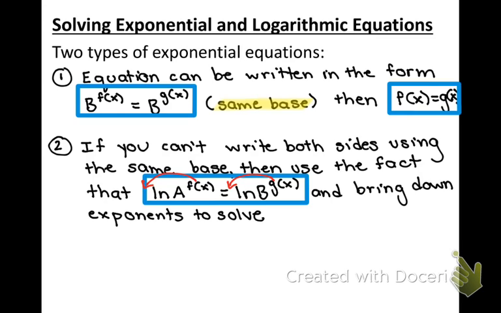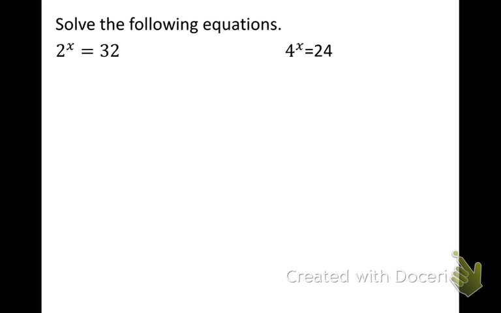So as we go through our examples now, we're looking to see which version we have. Our first example is 2 to the x equals 32. Here's my thought process. On the left-hand side, I see that there is a base of 2. So I'm going to ask myself, is there any way that I can write 32 with a base of 2?